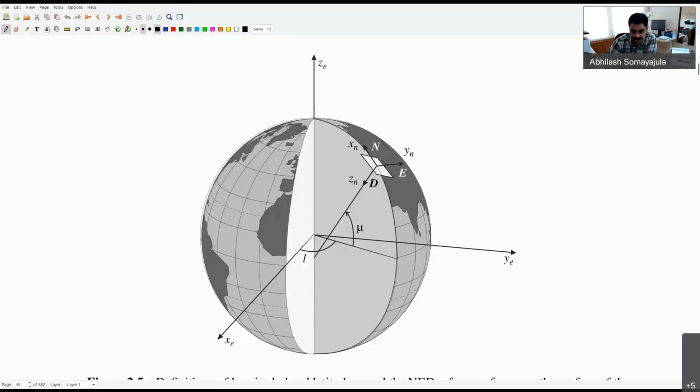So for example, let's say I'm looking at a point further along this line. Okay. So let me try to draw it. So that is my point, XE, YE, ZE.